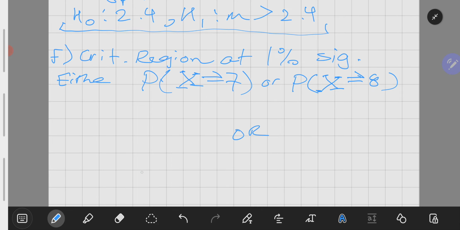Our other option is to find our function greater than or equal to 7 or greater than or equal to 6.